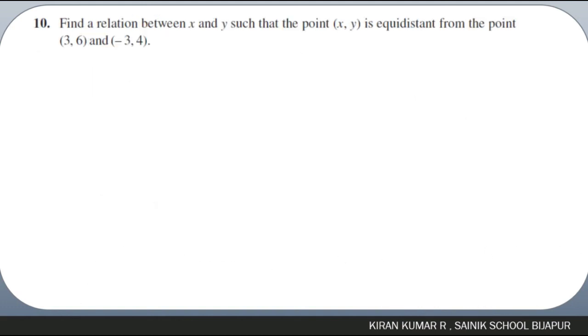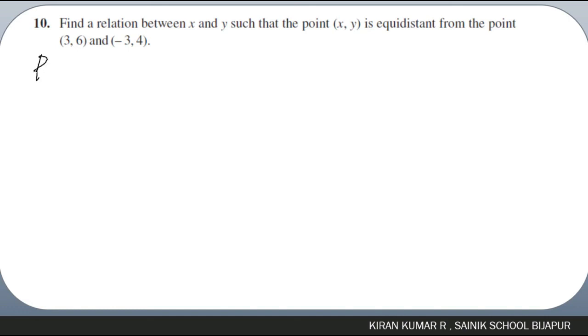Question number 10. Find a relation between x and y such that the point (x, y) is equidistant from the points (3, 6) and (-3, 4).